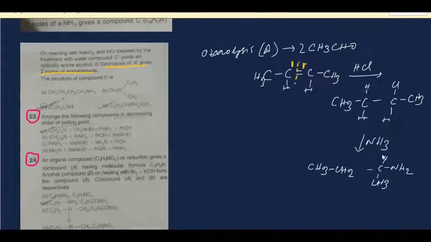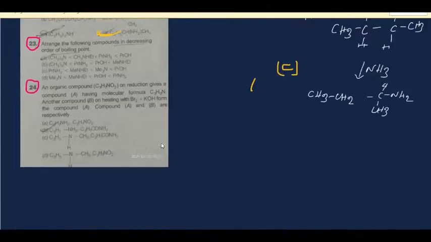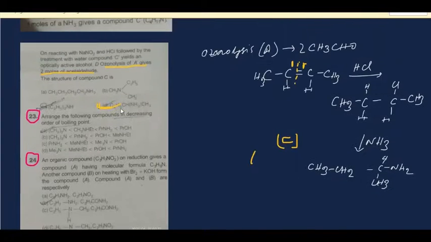It's an addition reaction, so H will add here and Cl here. This one is symmetric, so Cl and H can add anywhere. After that, reacting with ammonia, the Cl is replaced here and NH2 will add here. So the compound is this one, the compound C. Right, finished.